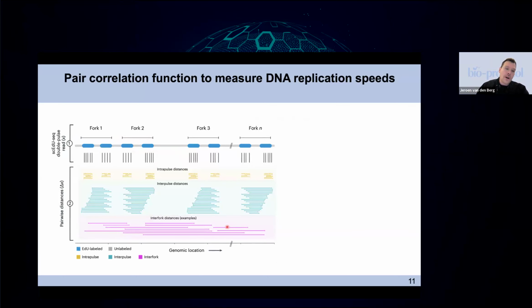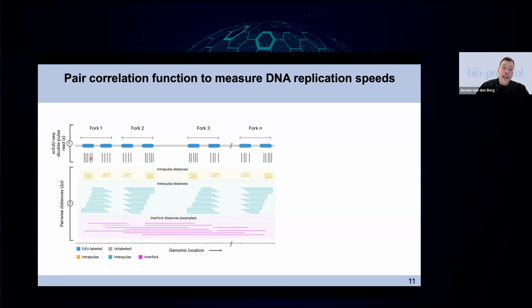So how does that work more technically? If you envision it, it's all about the distances. How far is stuff away from each other? Let's say we have a number of forks that have progressed, that you would have labeled twice. Let's take this example for one.